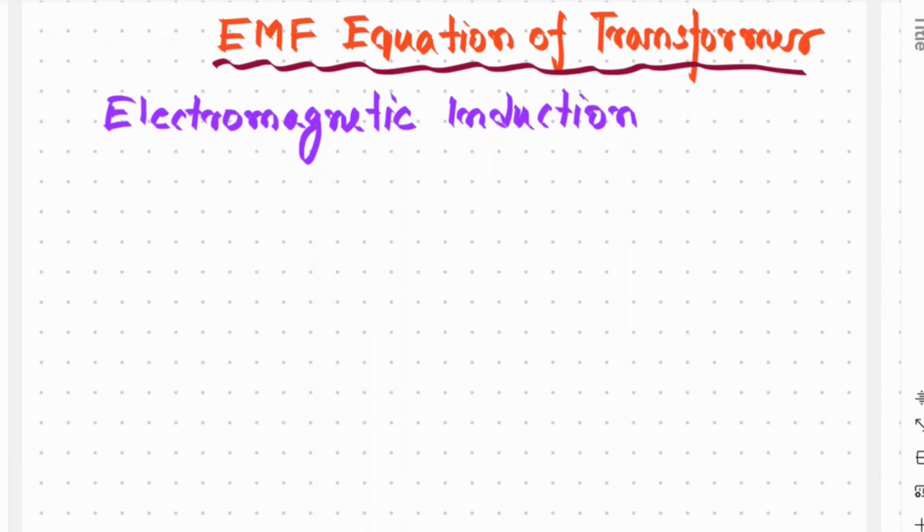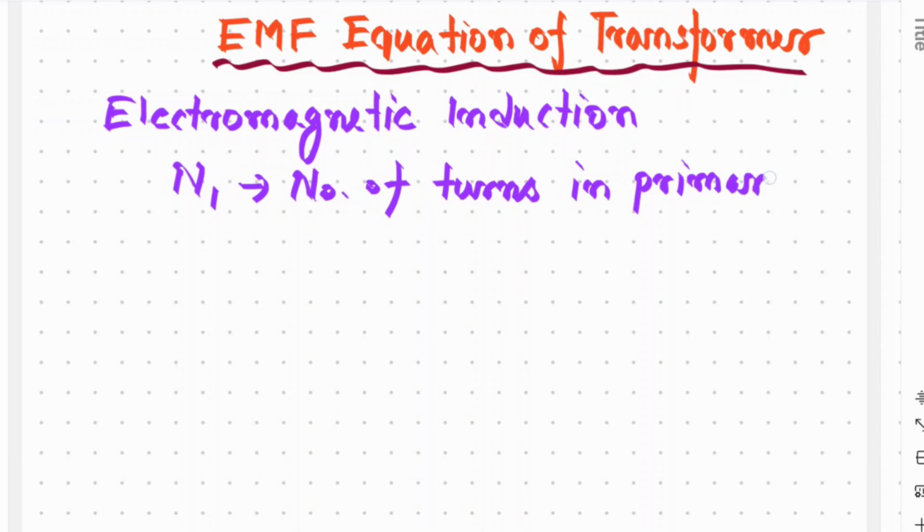So let's define some terms. N1 is the number of turns in primary. N2 is the number of turns in secondary.